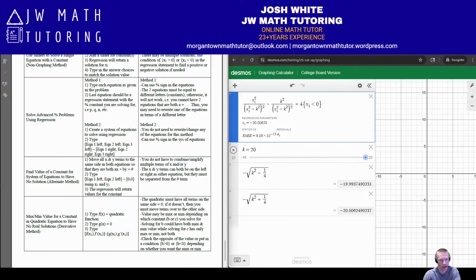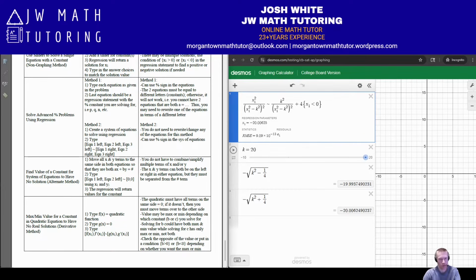They have to be set up differently. In other words, you will need to rewrite one of them so that if one equation is A equals everything else on the right, the other one can't be A equals. It could be B equals, it could be C equals, whatever equals. It can't just be A equals, otherwise it doesn't work out properly.